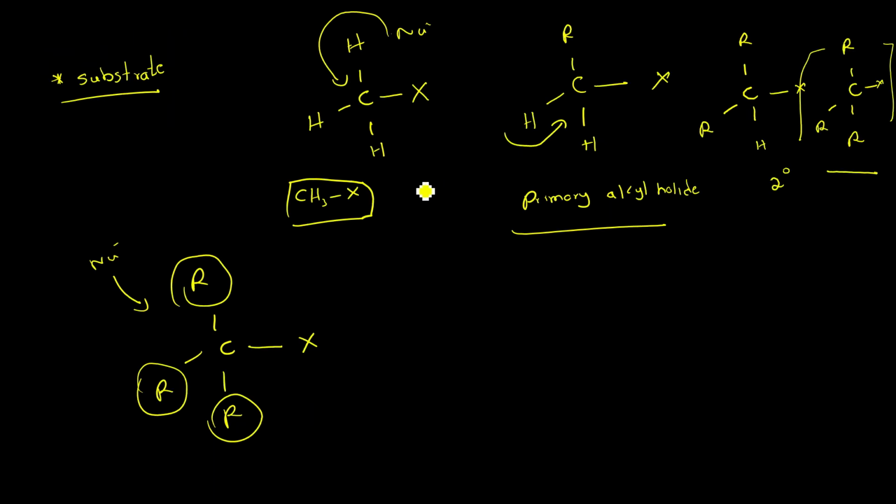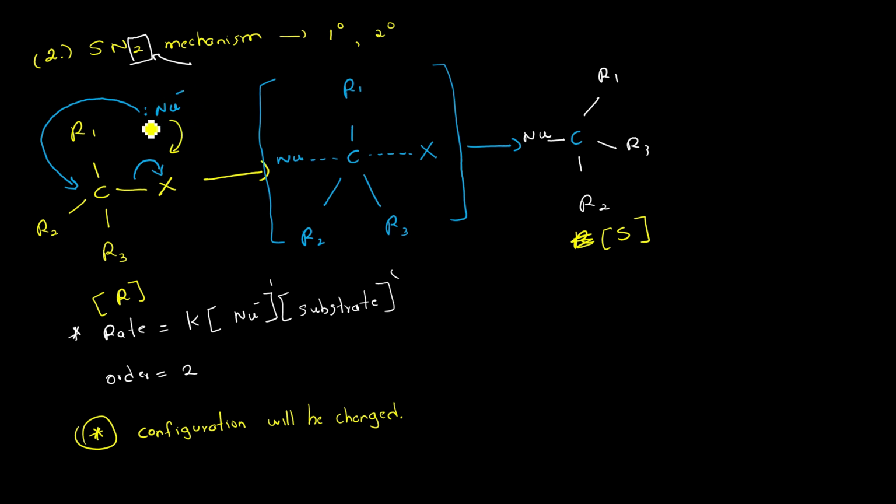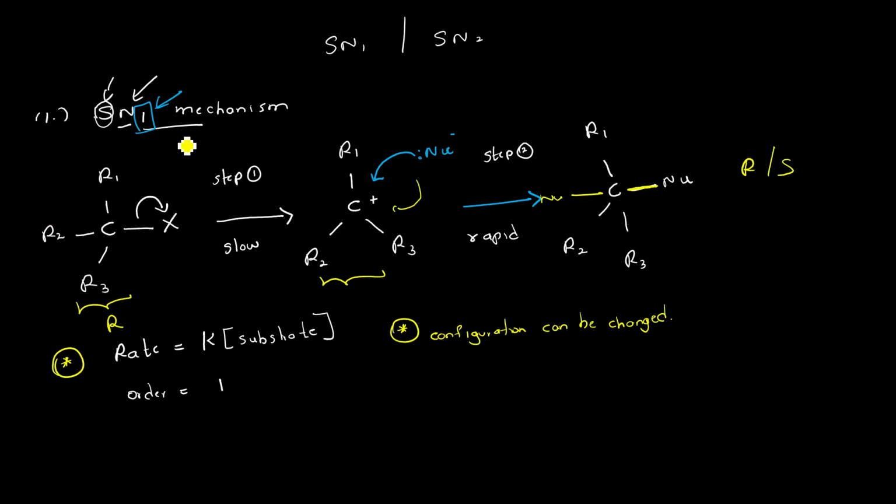Because in the SN2 mechanism, the nucleophile has to go through these components, so if you have bulky groups, it will reject this nucleophile. Let's look at the SN1 mechanism. In SN1, the nucleophile attacks after the carbocation is formed, so it's completely fine. There is not that much effect from the bulky groups.